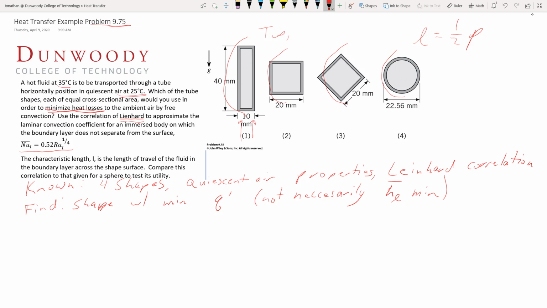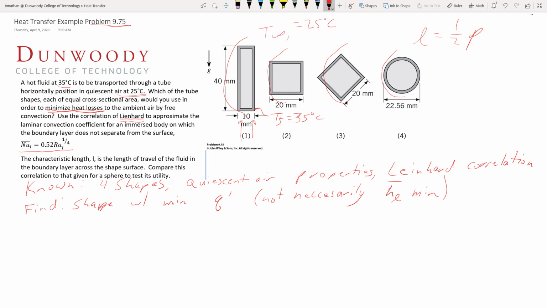We could end up with a smaller h bar but have a bigger perimeter, so that we'd end up with more heat transfer from that shape. Alright, so we got our schematic here. I'm not going to draw that. I'll just add to it. We have TS equals 35 degrees C, T infinity is 25 degrees C, and we have these various pieces here.